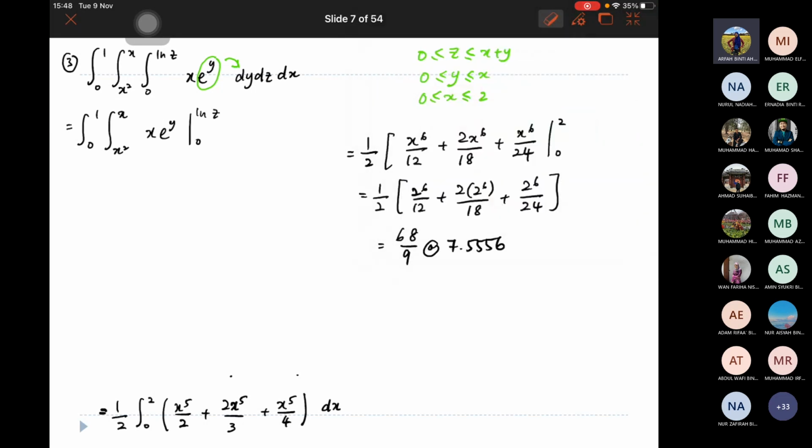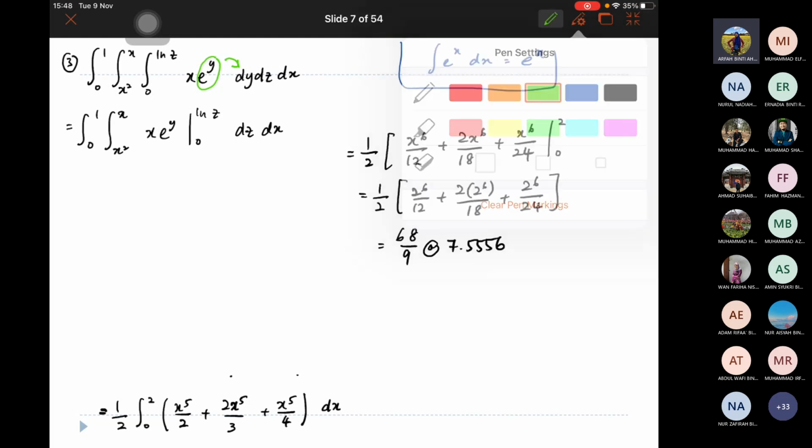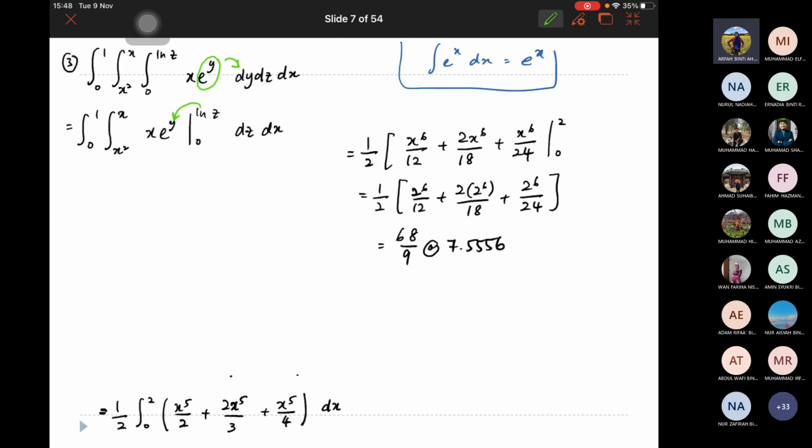Because integrate exponential x dx akan dapat exponential x juga. So that is why you are still going to get the same answer for the exponential of y. So dz dx.